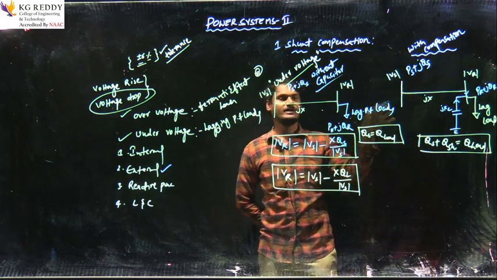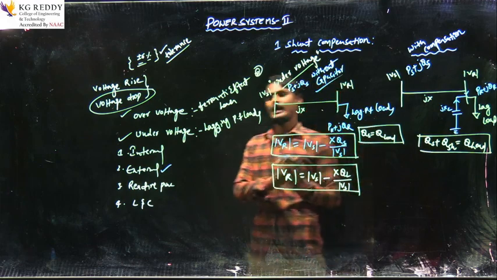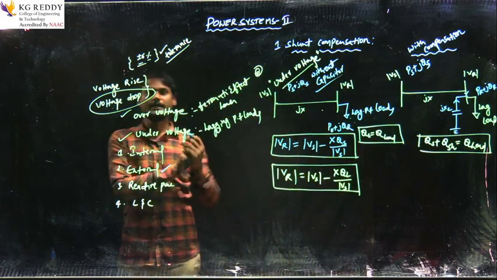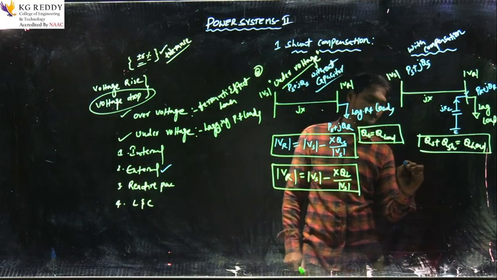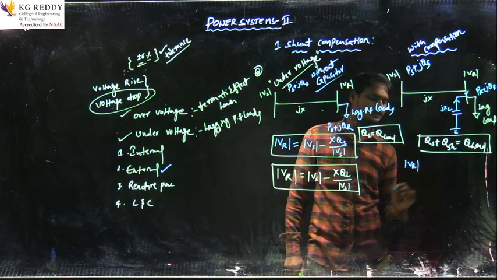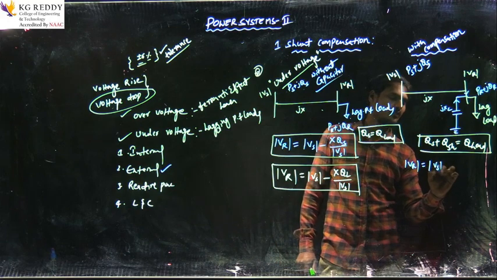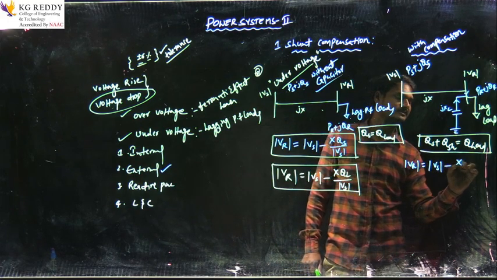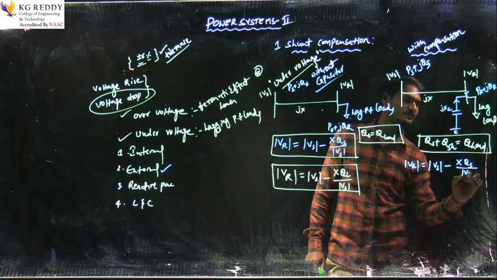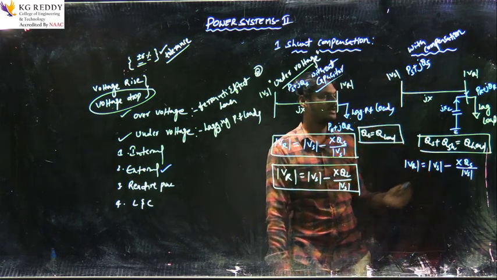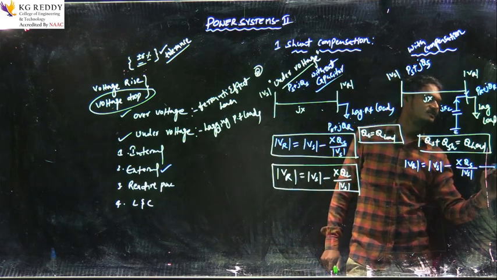So both reactive powers will be added up and reach the lagging power load condition. So now let me write the equation. VR = Vs - X Qs / Vs. This is the equation which we have from the transmission system.